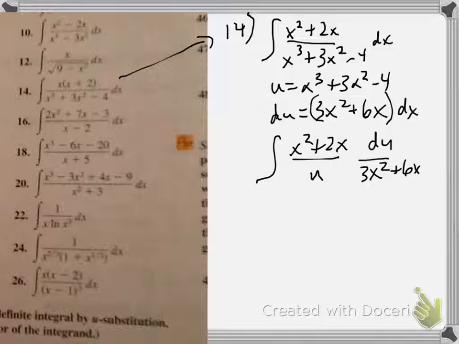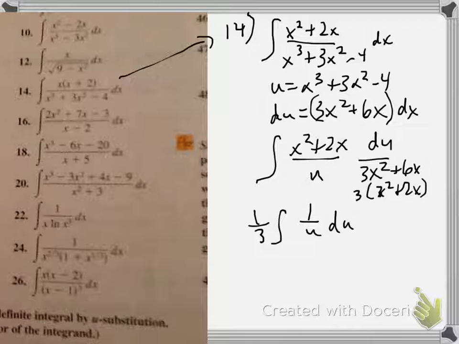That's 3 times x squared plus 2x, so you can factor out a 3. One-third the integral of 1 over u du. The integral of 1 over u du is the natural log.